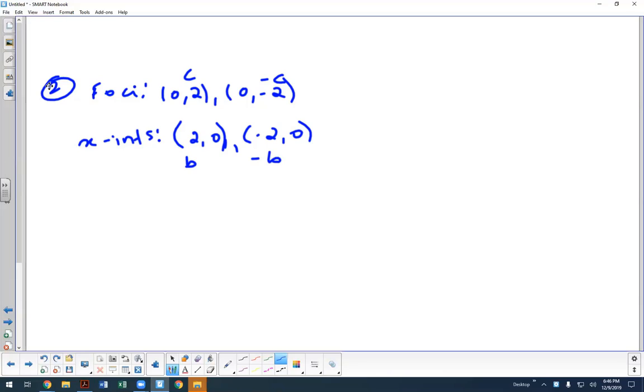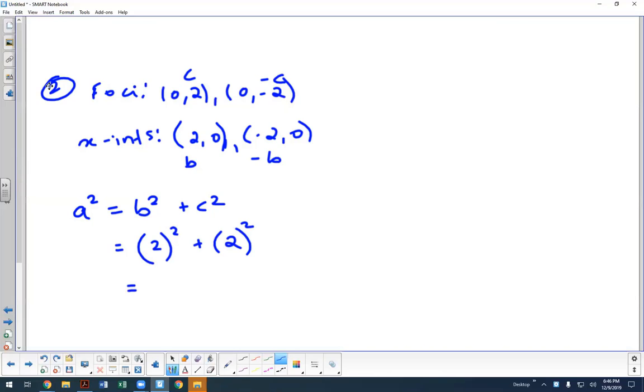Again, you can look at page 2 of your handout to verify that. Same relationship between a, b, and c. So a squared equals b squared plus c squared. B is 2. C in this case is also 2.